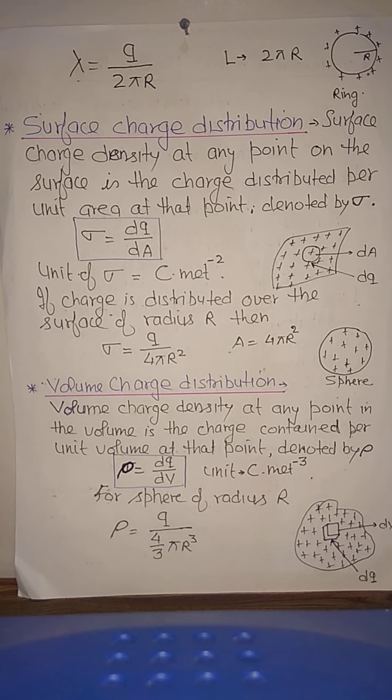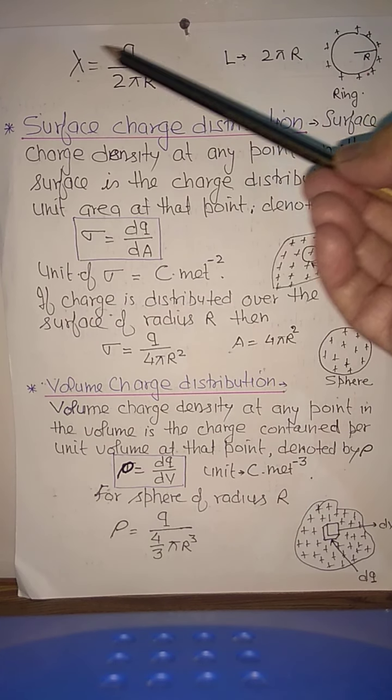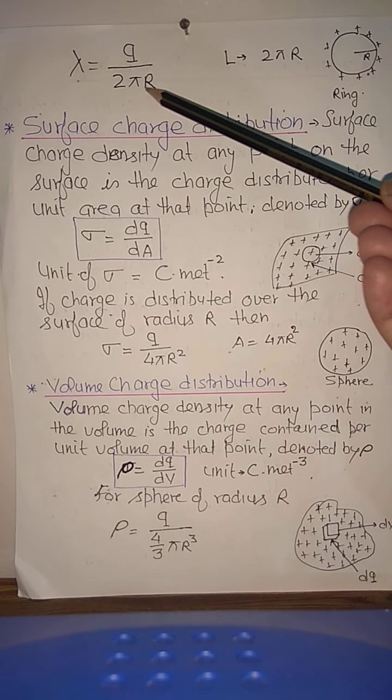It will be lambda, and what will be its value? Q upon L. And for this ring of radius R, what will be the length? That will be equal to the circumference, that is 2 pi R. And therefore, linear charge density lambda is equal to Q upon 2 pi R.